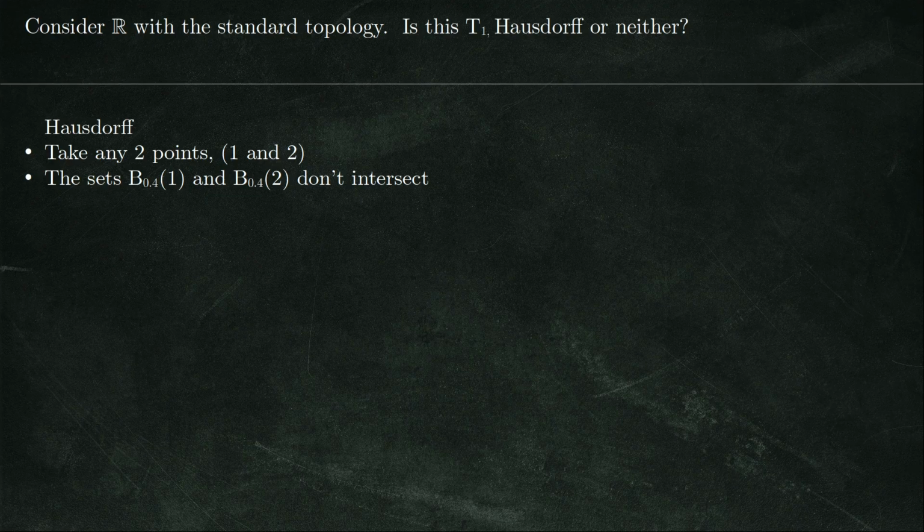These open balls obviously contain 1 and 2, but they don't intersect. We can do this with any 2 points. We can just make the balls smaller and smaller, as long as the radius of each of them is less than half the distance between the 2 points. In fact, we can do this for any metric space. That is, all metric spaces are Hausdorff.